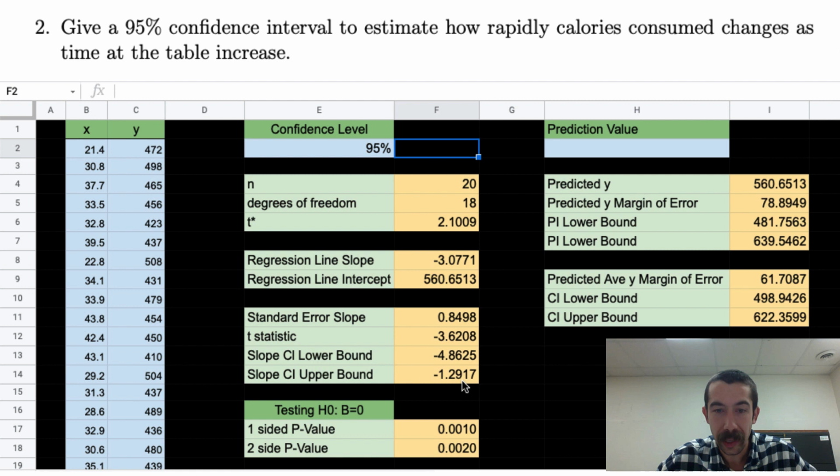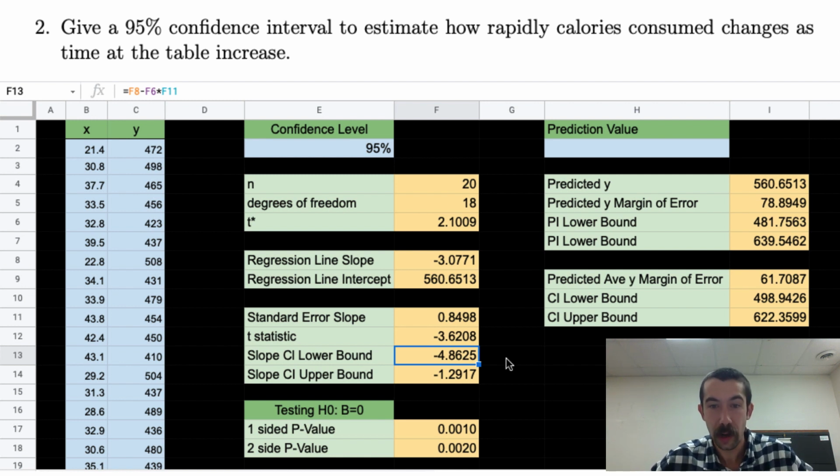And so we get the range of values in these two cells. So the lower bound for the slope of our regression line would be -4.86, and the upper bound is -1.29. Okay, so these two cells here give us the confidence interval for the slope of our regression line.